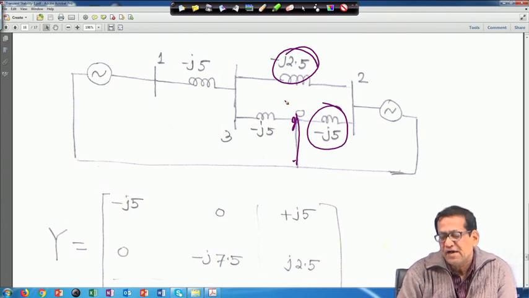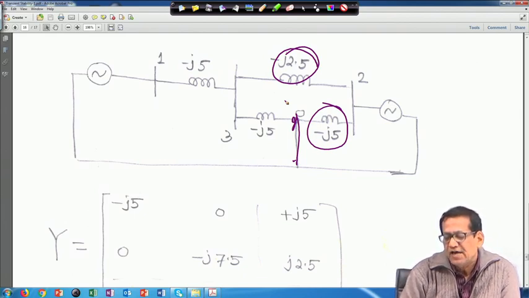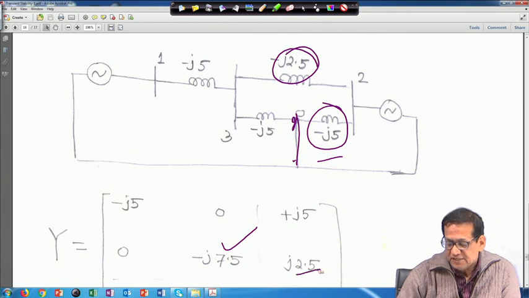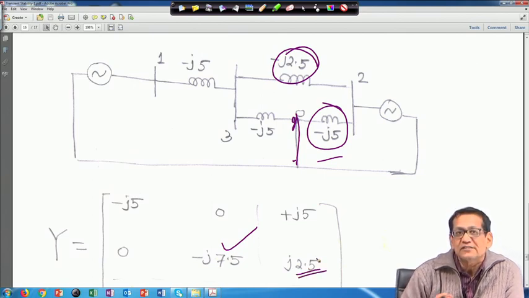So it will be minus j5 and minus j2.5, so it will be minus j7.5. And Y23 will be minus small y23.